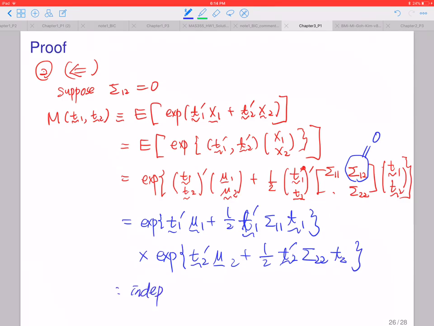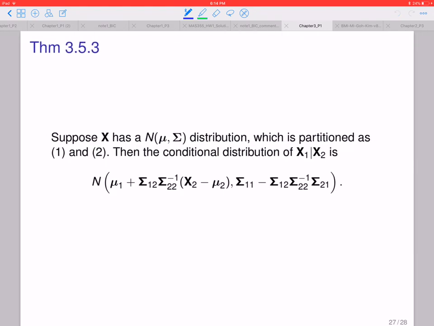The MGF is factorized, so that implies independence. Now this is the last result, and this is also quite important.